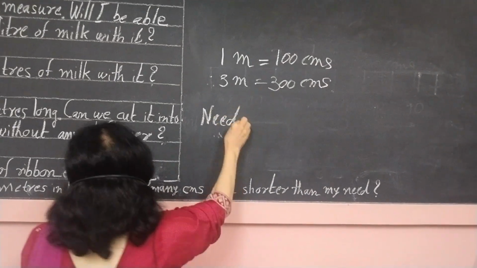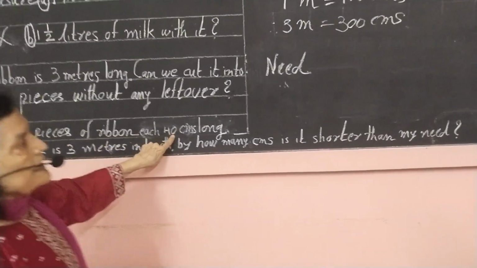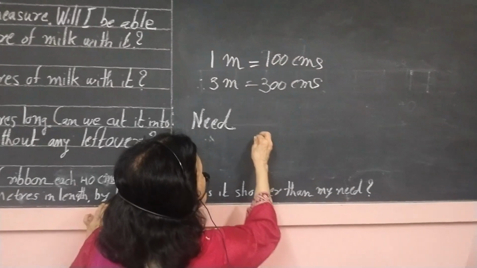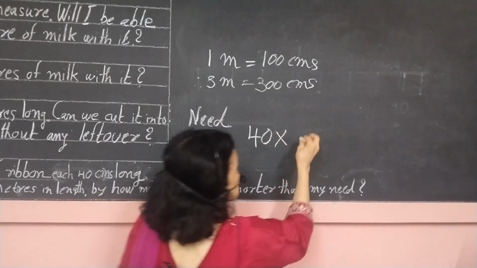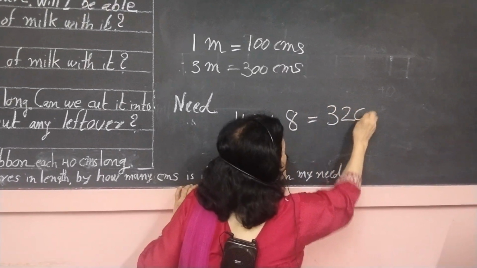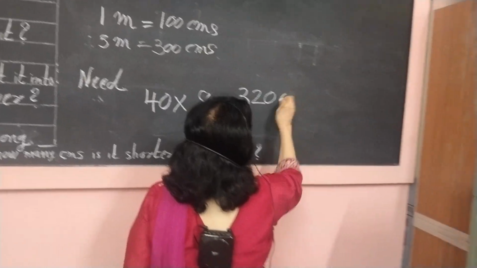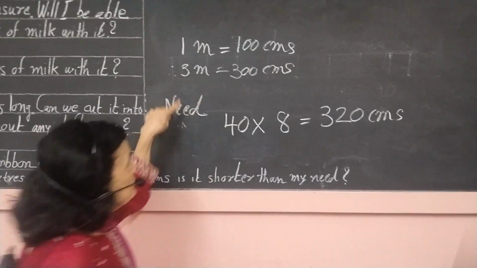Now what is my need? My need is having 8 pieces with 40 centimeters length. So each piece of 40 centimeters, such 8 pieces I require. So 320 centimeters of ribbon is my need.